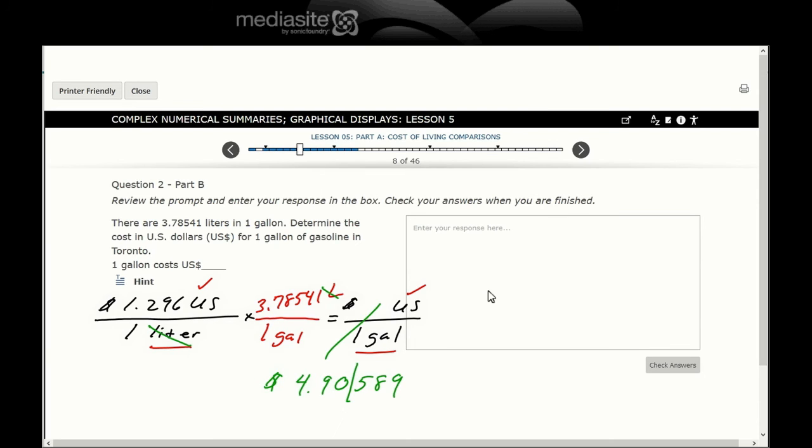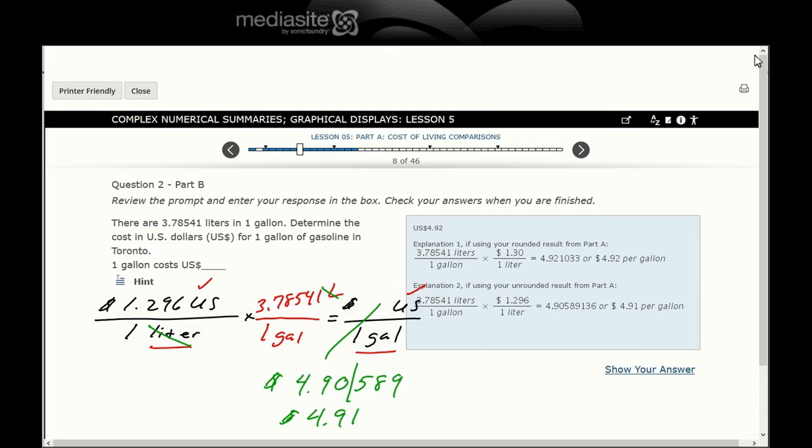Let's round to the nearest cent. So it looks like 4.91 should be the solution. So 1 gallon costs $4.91. And looks like we went this route.